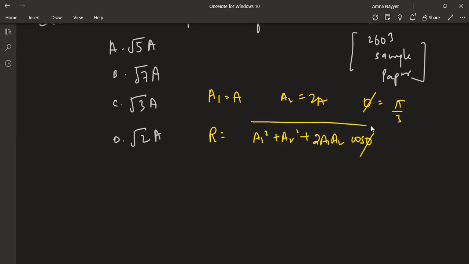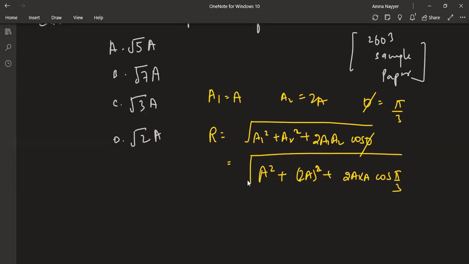This all will be under the root. So A square, A2 is 2A, so 2A whole square plus 2A into A multiplied by cos pi by 3. This all will be under root.